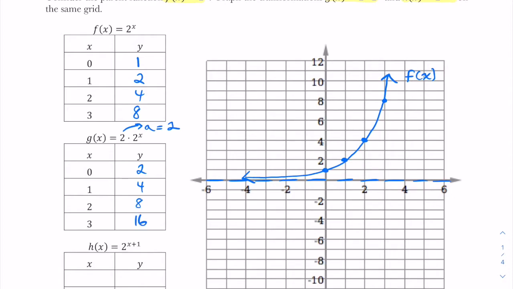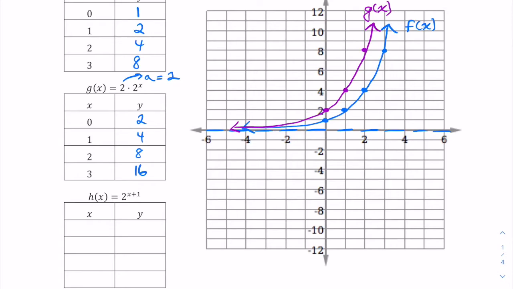And I'll plot those points on the grid. Only plot what you have room for. And that will be the function g of x.